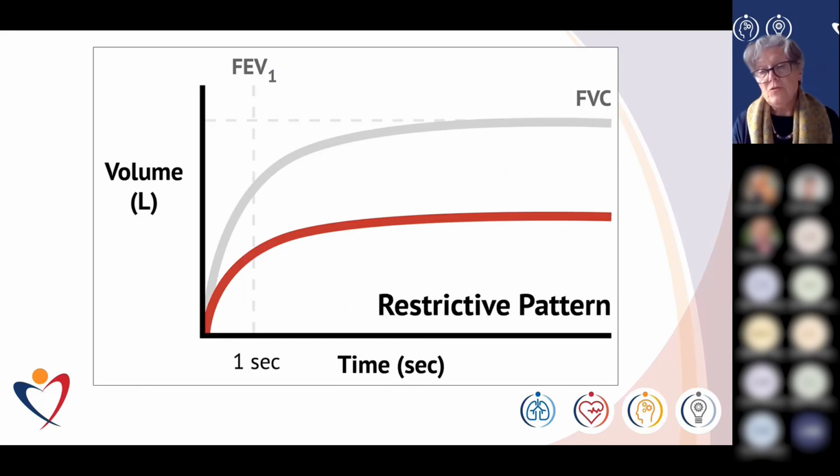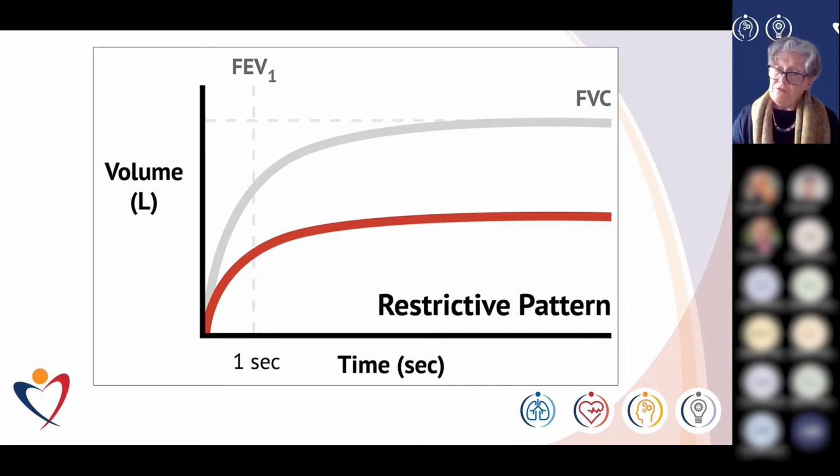We then have something called a restrictive pattern. Now, a restrictive pattern is really a red flag. It's something that we don't really want to see with our patients. You can see of the whole of the FVC, the patient has achieved an FVC, but it's lower because something is restricting the lungs from opening up. So they become stiff.